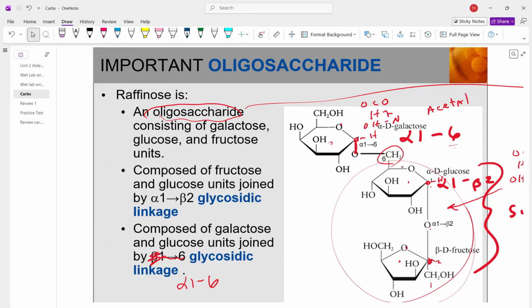And it's a prebiotic for the baby's microbiome. So the baby doesn't digest it. The bacteria in the baby's gut digests it. And if it's not there, it's got real issues, health issues.